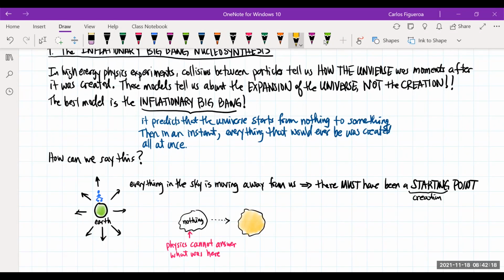There was a creation point, and this is what we call the Big Bang. It makes sense, because if everything is moving away from us, then at some point they all had to start in some localized region. And so now you get the expansion.